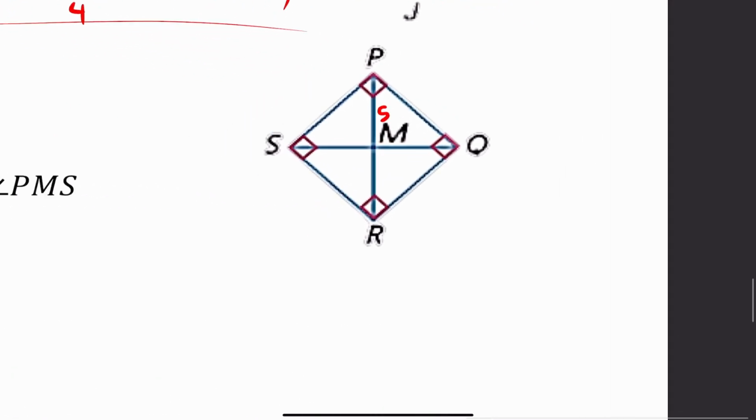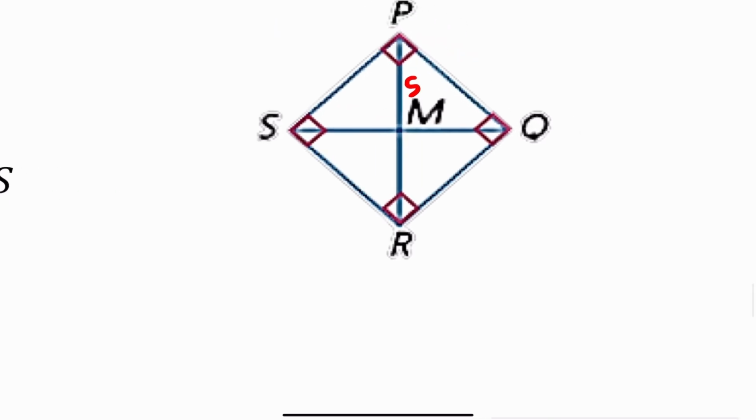Well, what do we know? We know that since a square has the same properties as a rectangle, the diagonals are congruent and they bisect each other at a midpoint. That means that this segment here is congruent to that segment.